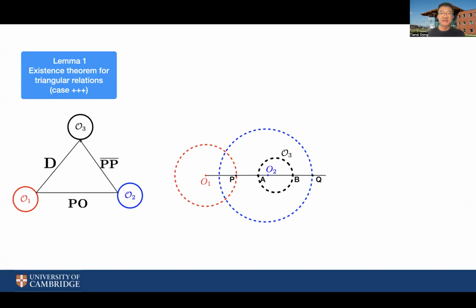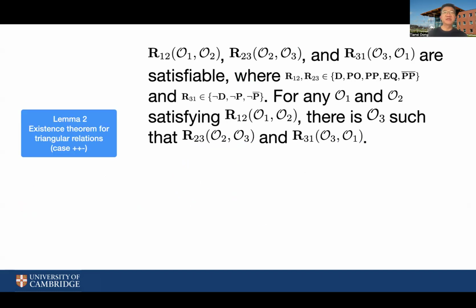This is O3. Then O3 is a proper part of O2, and meanwhile disconnected from O1. This is the case where the three relations are positive.